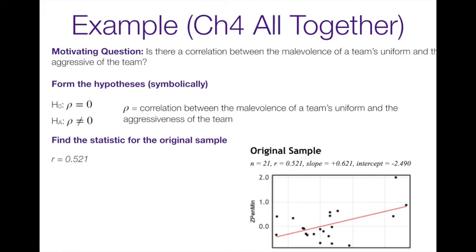So there's our sample statistic, r equal to 0.521. Again, it's an r because that's the symbol for the sample correlation coefficient. These aren't just symbols we're making up. We have to choose from our specific set of symbols that already exist.